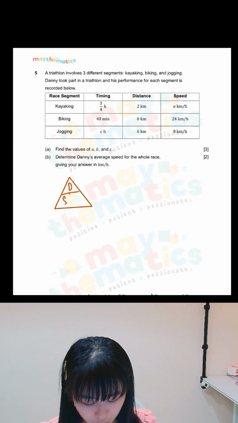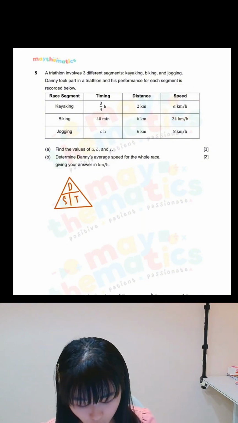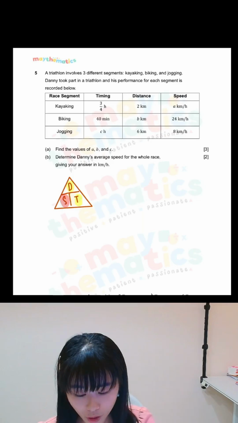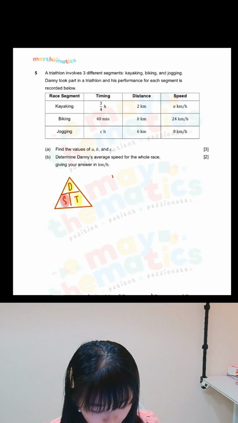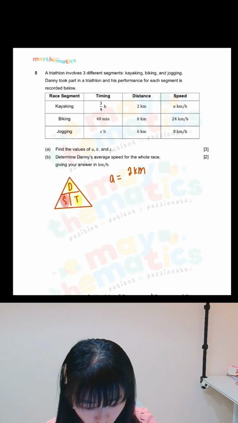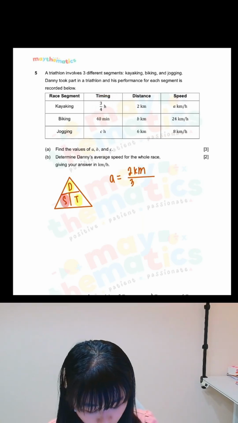I would say this is more like a primary 6 question. You just need your DST. Since you need to find speed here, you need to take distance divided by time. So to find the speed, which is A, you will take the distance of 2 kilometers and divide it by the time, which is 3 out of 4 hours.